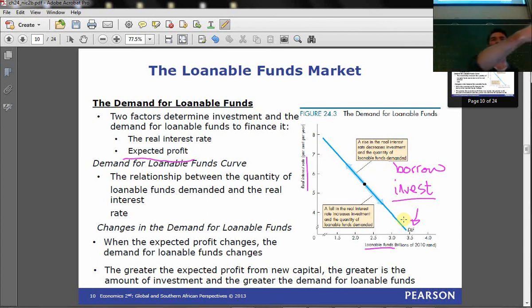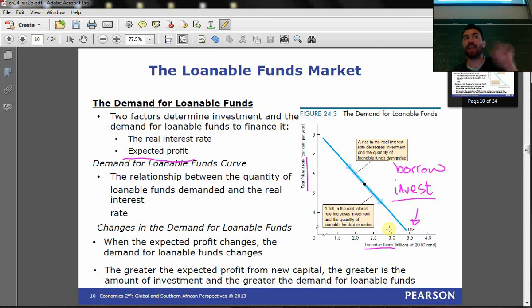We expect investments to yield certain types of returns, and based on the interest rate, I will borrow some amount of money in order to invest. My downward sloping demand curve says I will borrow more funds the lower the interest rate, given what I currently expect my investments to be doing.